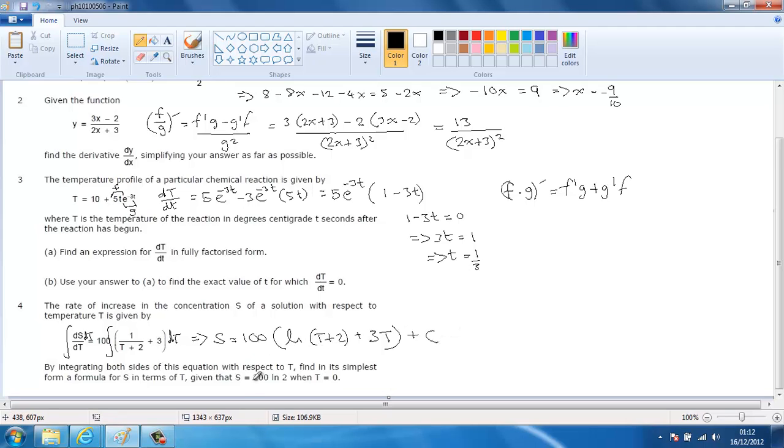And then we can use the initial condition that s is equal to 200 natural log of 2 on the left hand side.